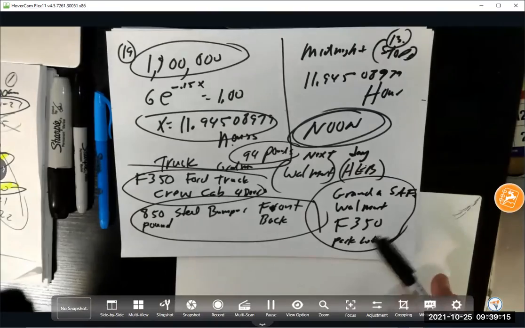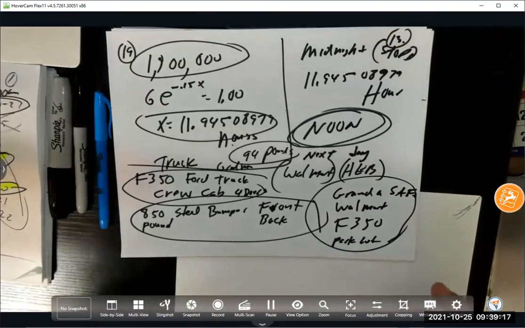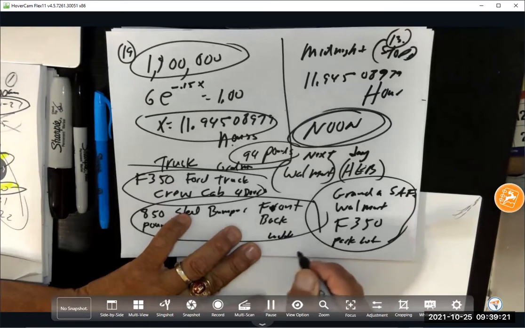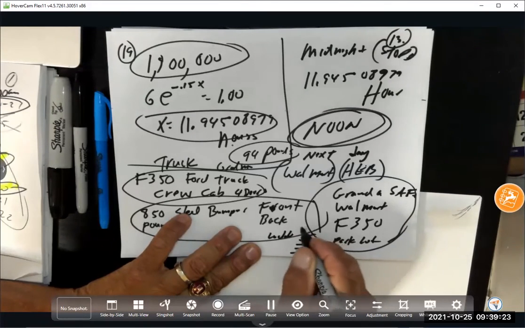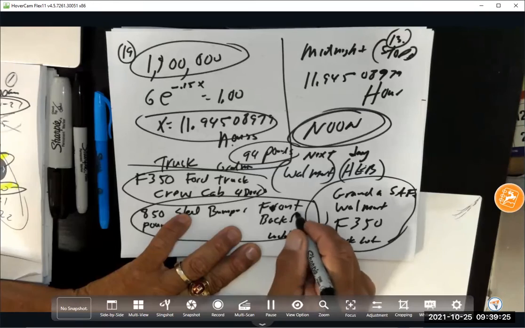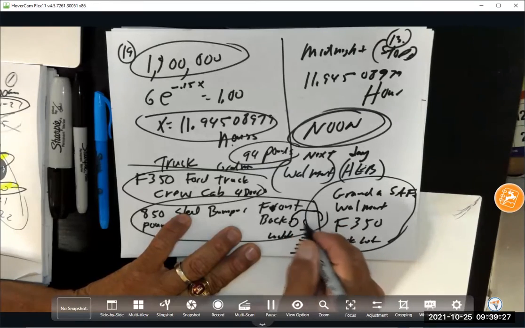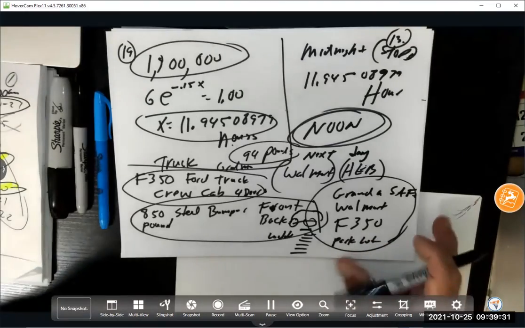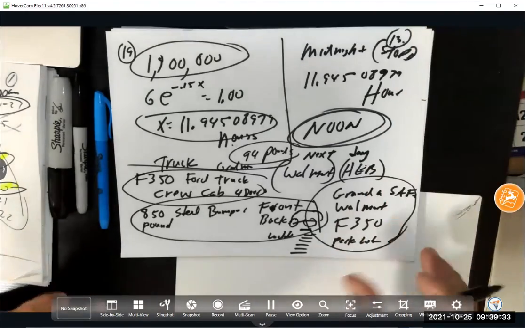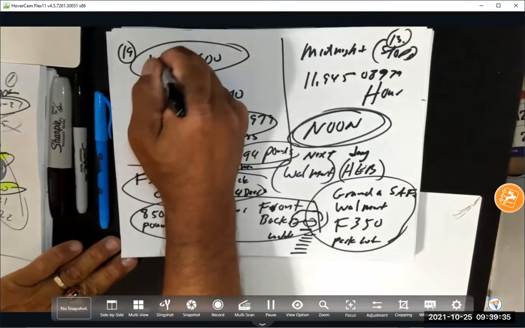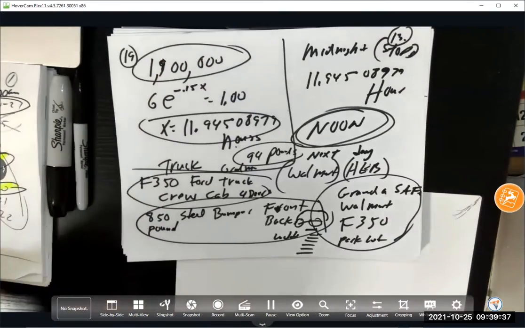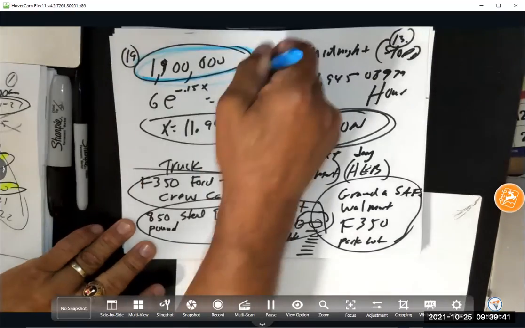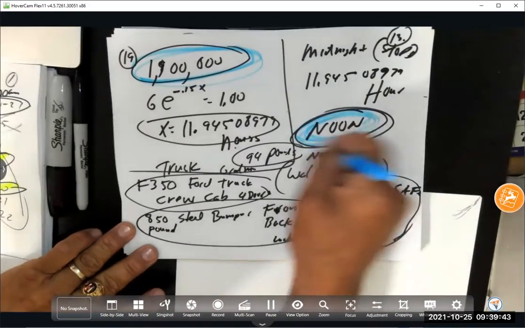She has her F-350 crew cab for 4 doors, big old thing, and she has a ladder on the side right there, so she can climb up the stairs to get inside the machine. Big old machine right here. Yeah. So she drives around there, goes to Walmart, gets some more beverages and snacks and stuff for party number 2, right? Grandma's smart. She's not gonna drink and drive, man. No way. Okay. So noon, she can go.